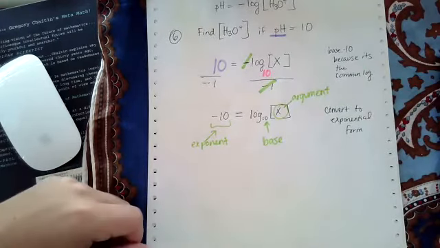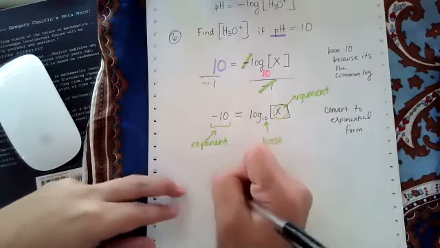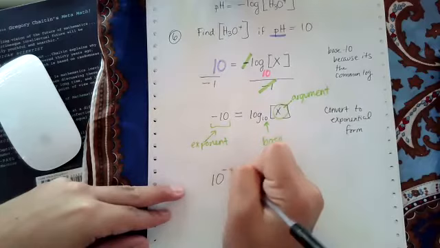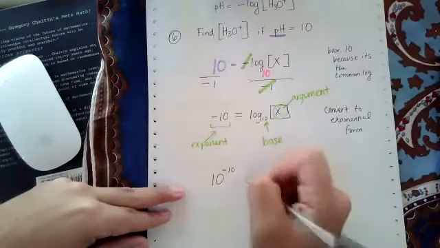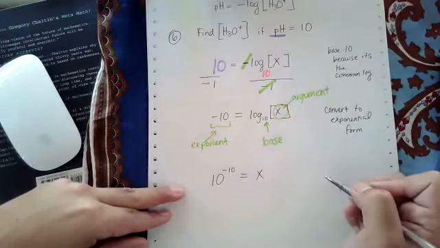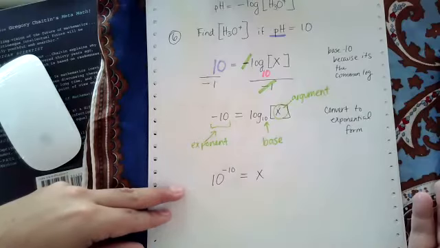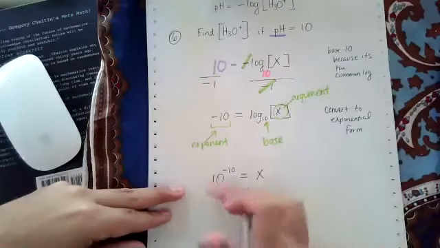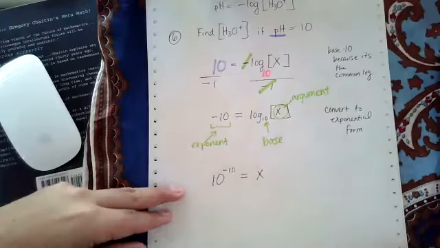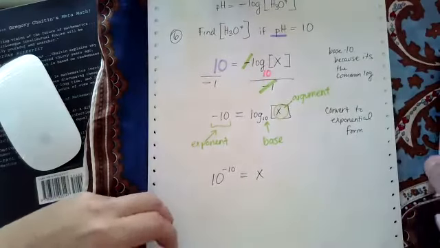So how would we go about writing that in exponential form? Ten, okay, to the negative 10th power, cool, equals X. Well, that's nice because now X is isolated. So we could find 10 to the negative 10th power. We could throw that in the calculator and see what it tells us.